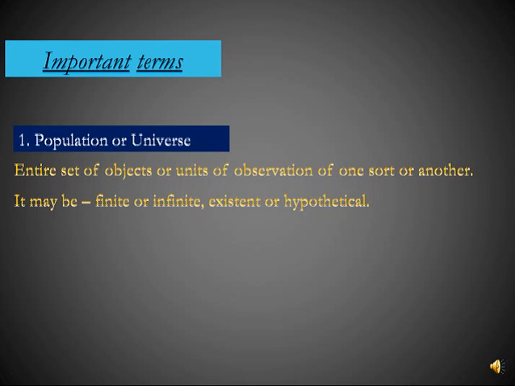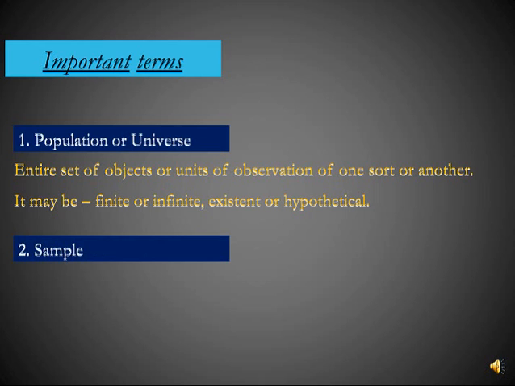The population of the lamps produced by General Electricals and the population of Miss M's town are examples of existent populations. A population that exists just hypothetically, like the population of heads when a coin is tossed infinitely, is known as a hypothetical or an imaginary population.